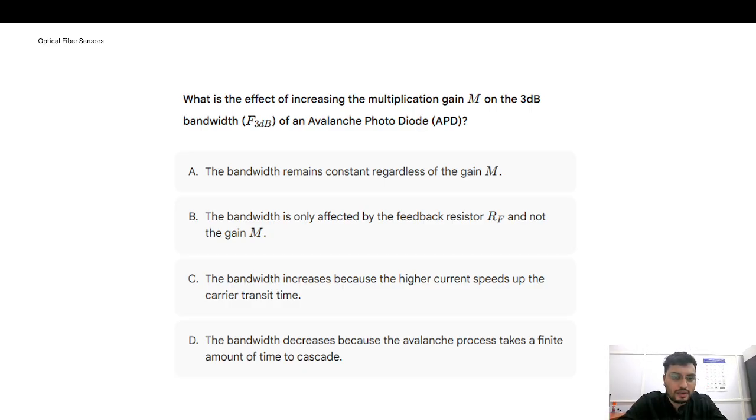A says the bandwidth remains constant regardless of the gain M. B says the bandwidth is only affected by the feedback resistor RF and not the gain M. C says the bandwidth increases because the higher current speeds up the carrier transit time, and D says the bandwidth decreases because the avalanche process takes a finite amount of time to cascade.